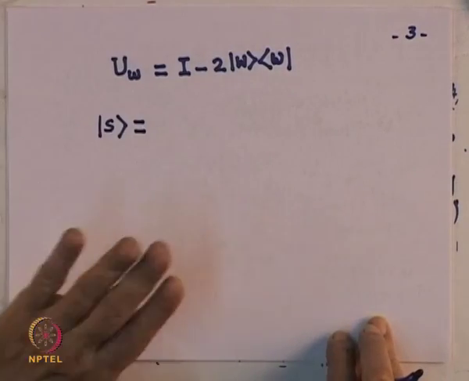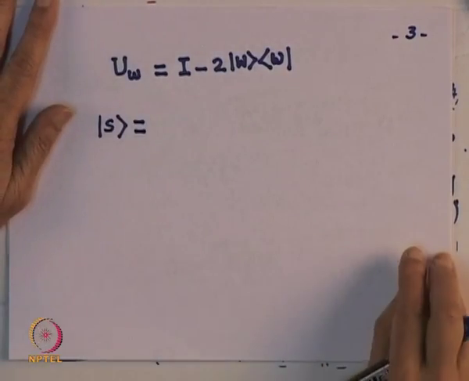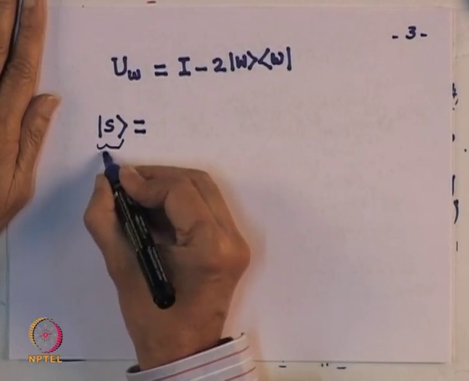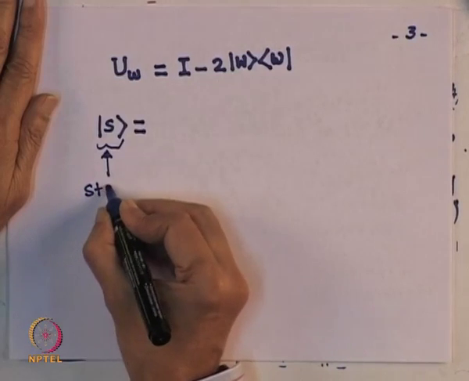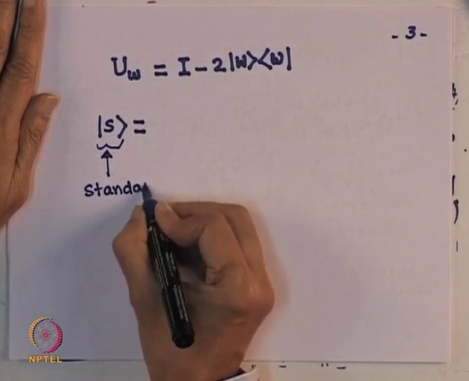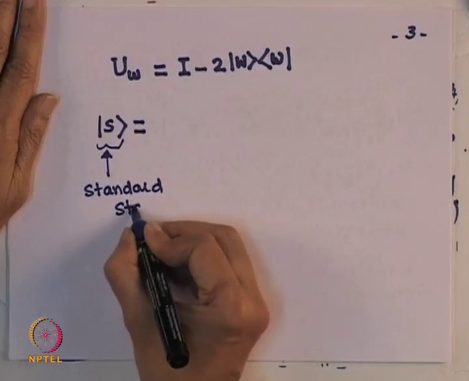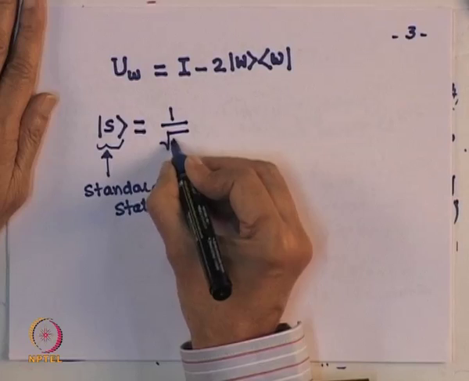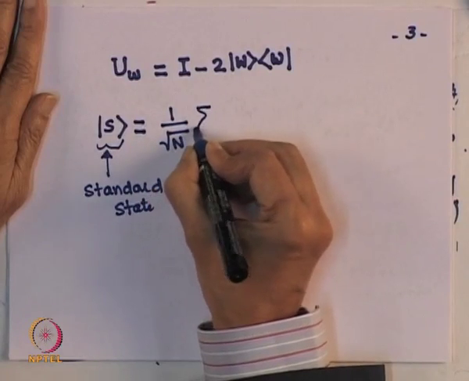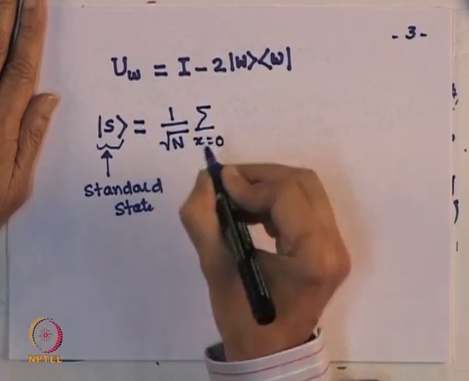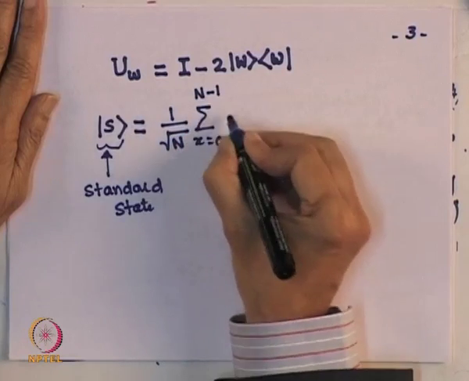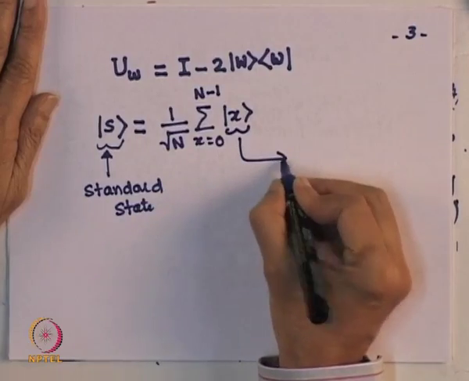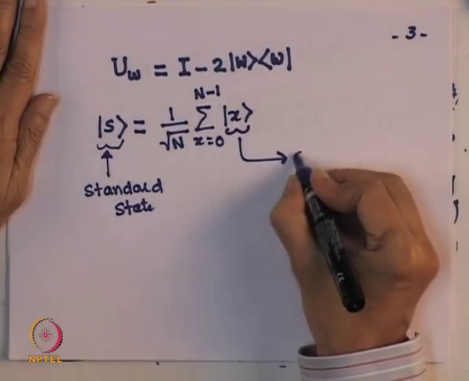Instead of confusing with x, let my x be the n qubit basis. Let me call it a standard state with which I start. So this standard state, as we have written several times, is |S> = 1 over square root of N, sum over x equal to 0 to N minus 1 of |x>, where x is a collection of all the states in the computational basis.